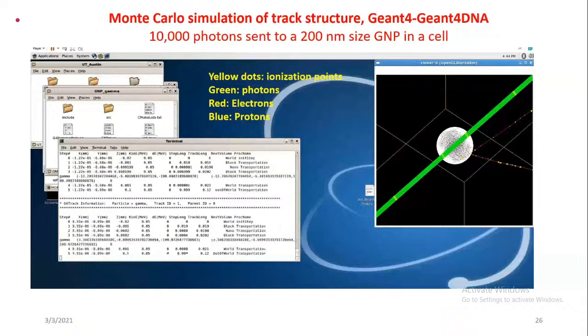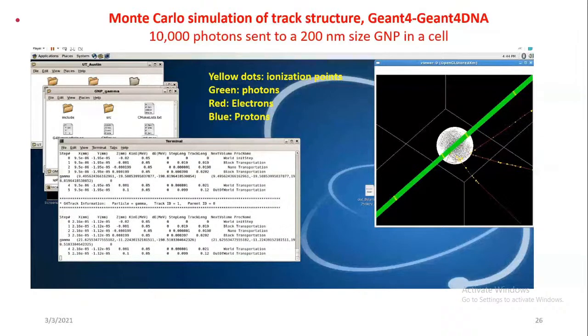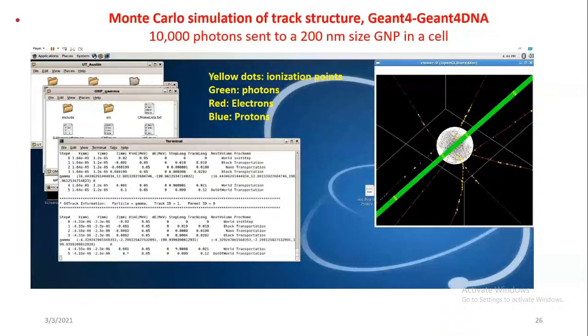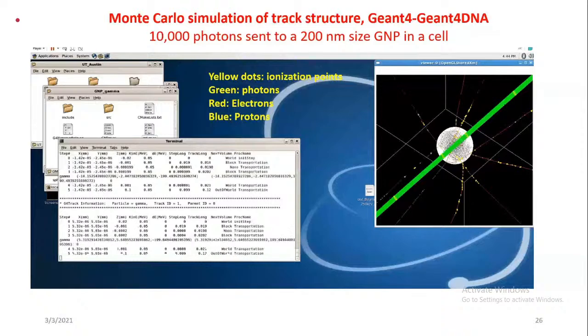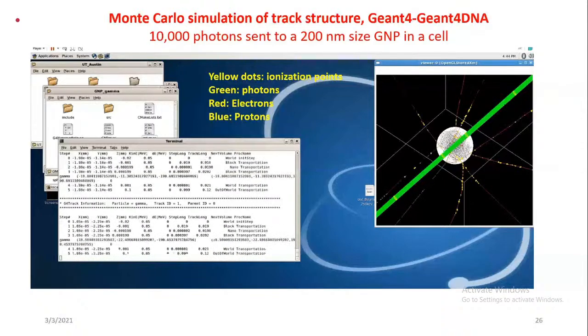The red lines are electrons, and blue lines are protons. In the middle of this video, you see a box, which is a tissue-equivalent matter, for example, water. And in the middle, you can see a sphere, which is with the density of gold. So this is a gold nanoparticle.